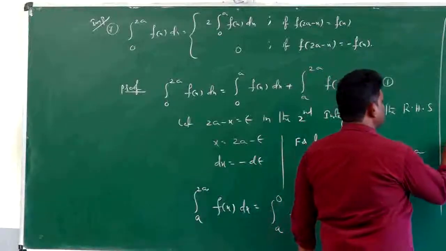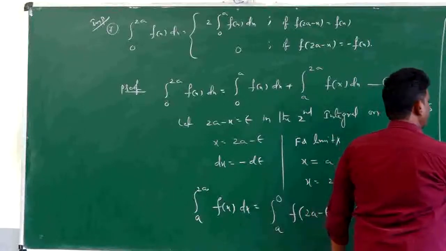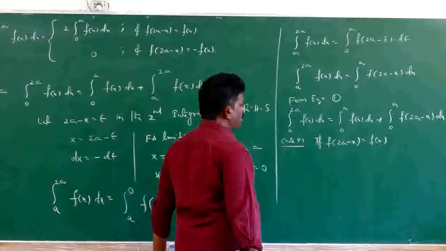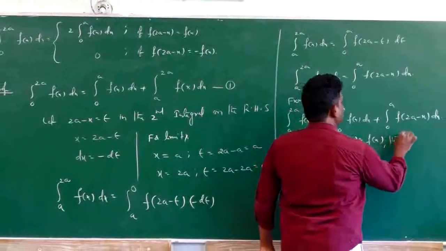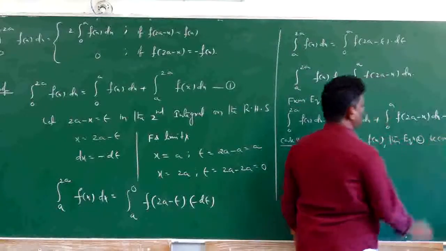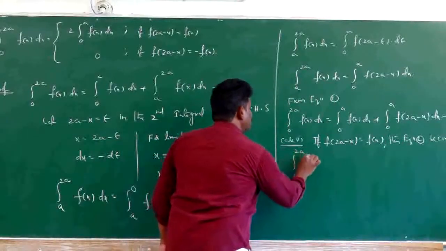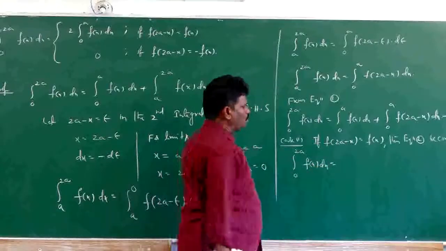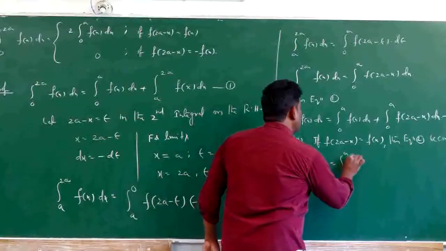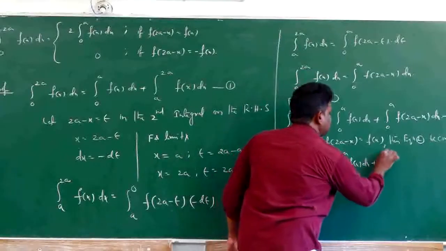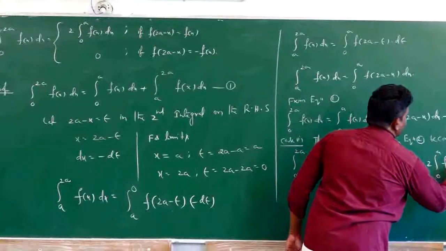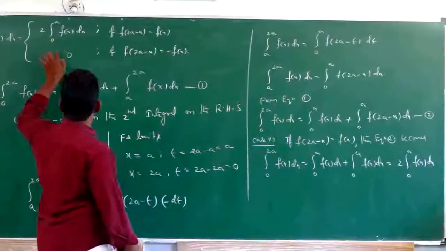Here we use two cases. Case 1: if f of 2a minus x is equal to f of x, then equation 2 becomes integral 0 to 2a f of x dx is equal to, instead of f of 2a minus x we write f of x, so integral 0 to a f of x dx plus integral 0 to a f of x dx, which is equal to 2 times integral 0 to a f of x dx.